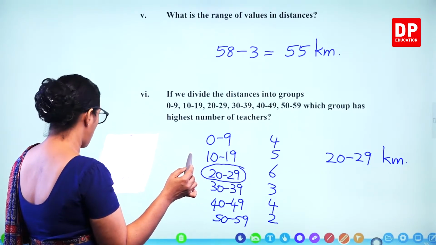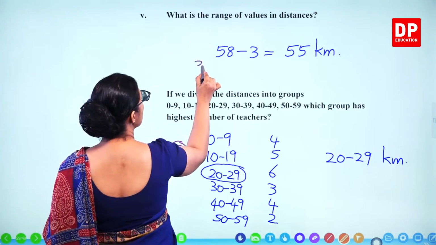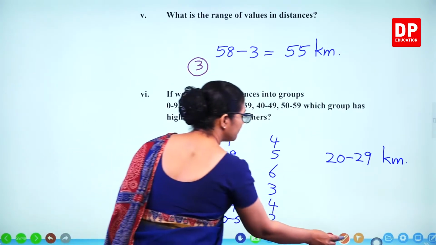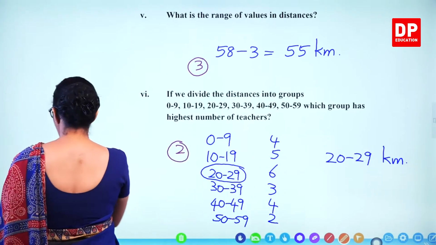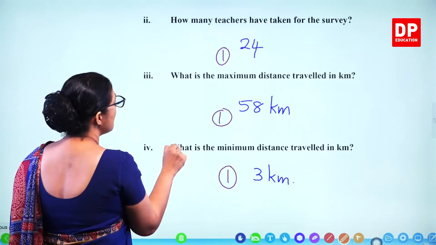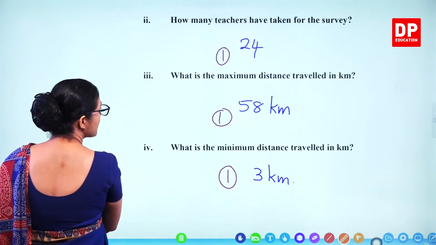So 2 marks here and 3 marks for this one. So altogether 3 and 2 is 5, 3 more is 8, 8 plus 3, 11 marks.